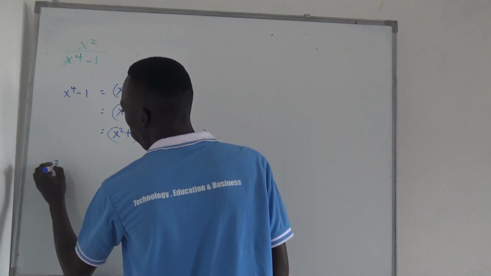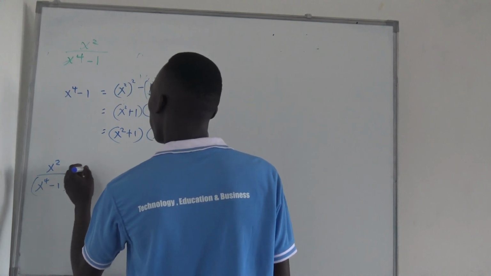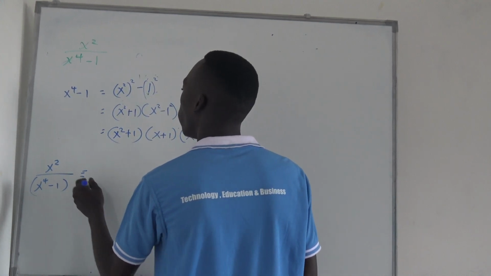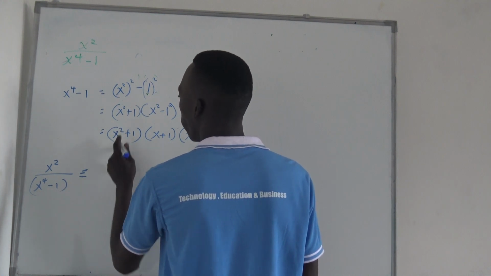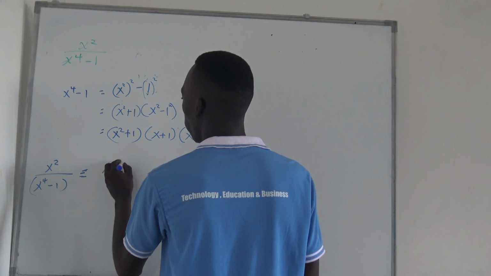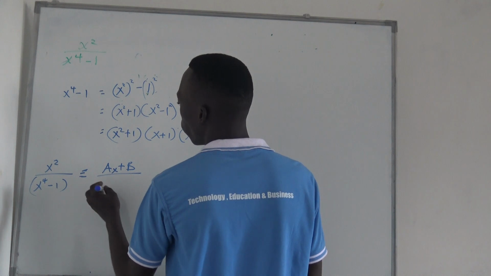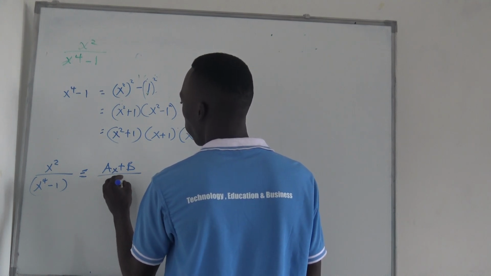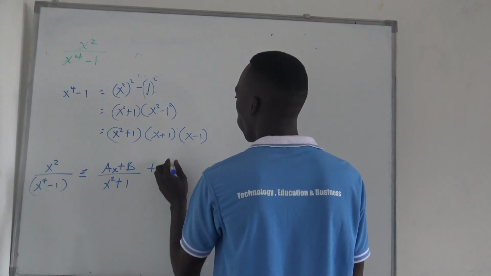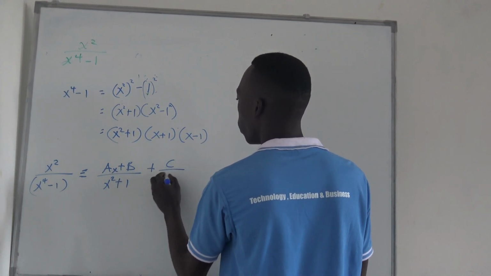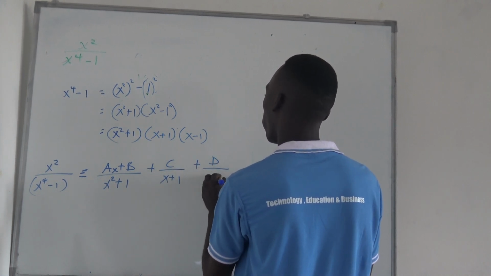So this is the thing which we are going to deal with while writing into partial fractions, which will become x squared over x power 4 minus 1. We begin with ax plus b over x squared plus 1, because it cannot be factorized, then plus c over x plus 1, then plus d over x minus 1.